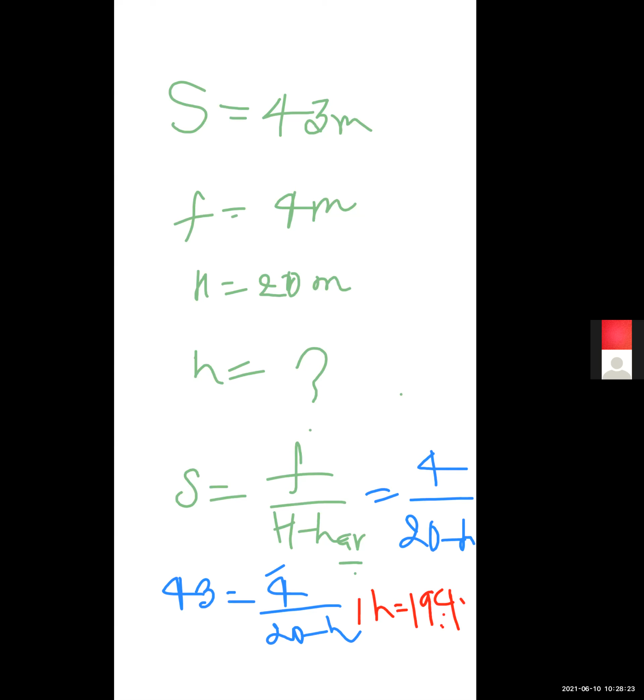Okay. So next is the objective question. Listen carefully to the statement. Photographic scale can be determined by using photo distance. Is this statement true or false? Photographic scale can be determined by using photo distance.